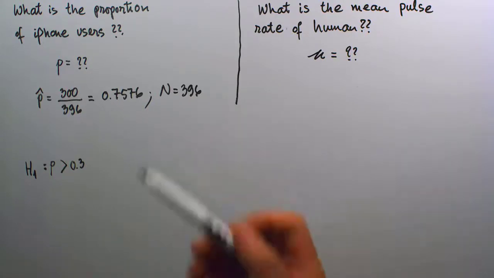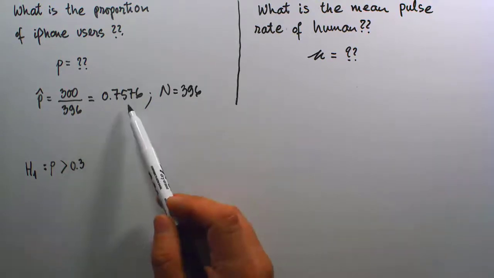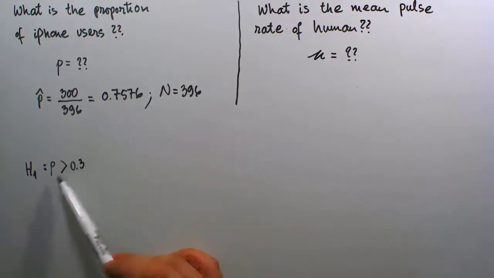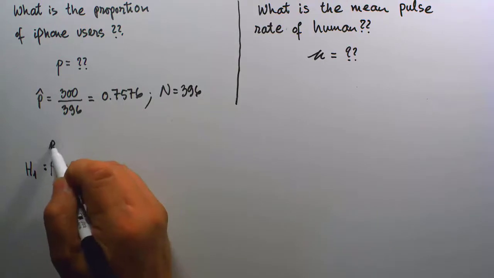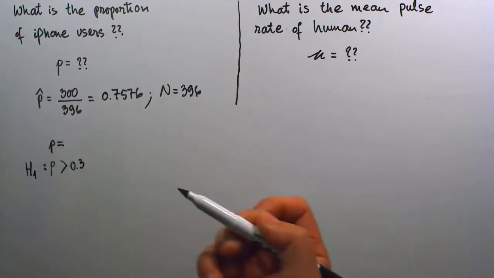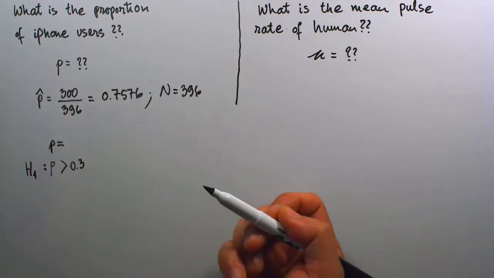All right, and so now this is how it happens. We compare with 0.3, we want to prove against 0.3, because somebody must have claimed that P would be equal to 0.3.